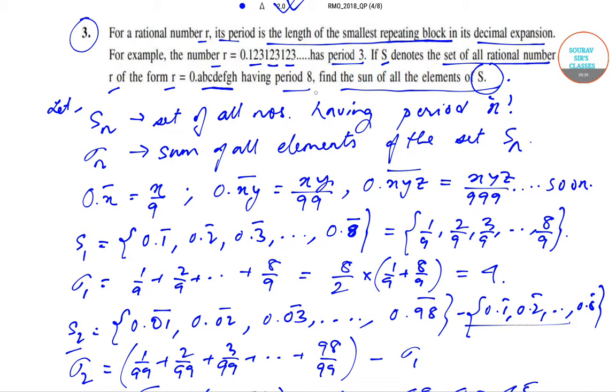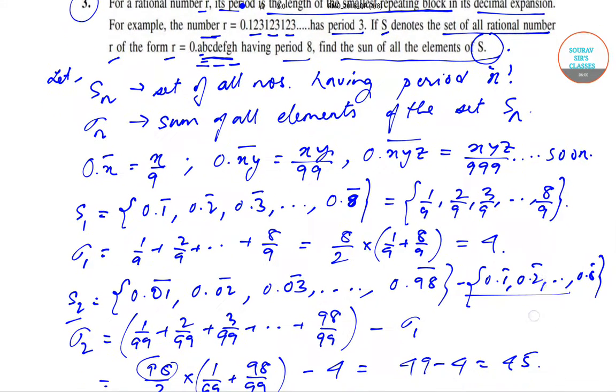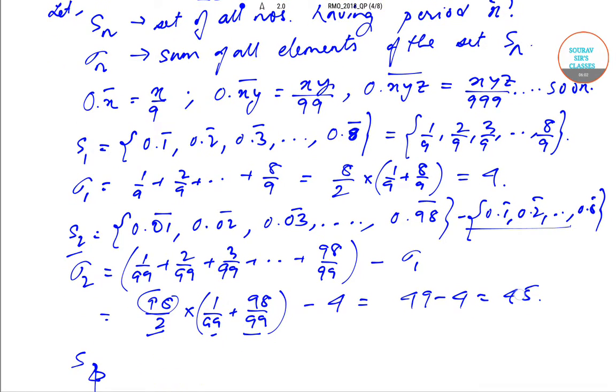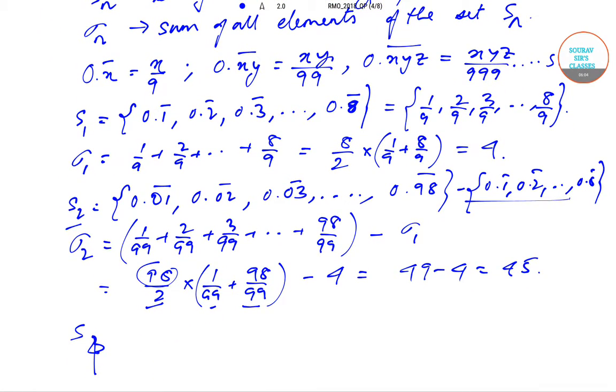If a number has a period date, it will basically have either period 1 numbers included, or period 2 numbers included, or period 4 numbers included. We cannot have period 3 or period 5, since if we have period 3 then we have ABC, then we'll have DF, but another period cannot be accommodated since we have 8. So we'll have only up till S4: S1, S2 and S4. The sum of elements having the set period, basically 1, 2 and 4.